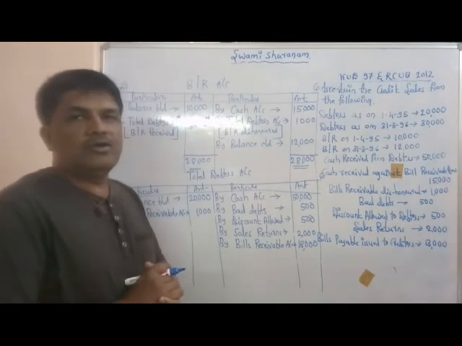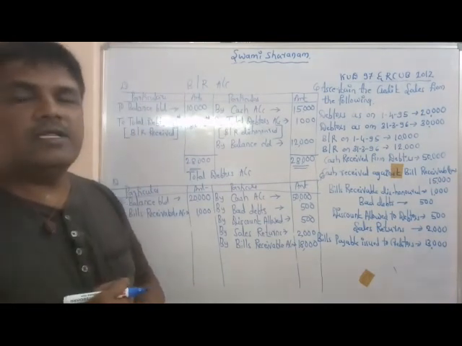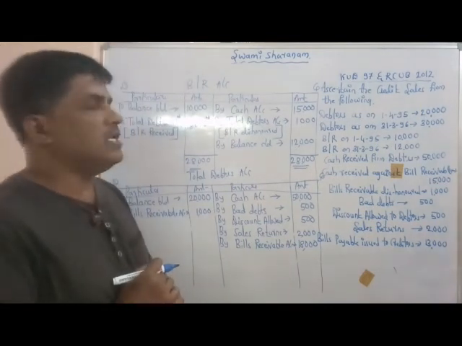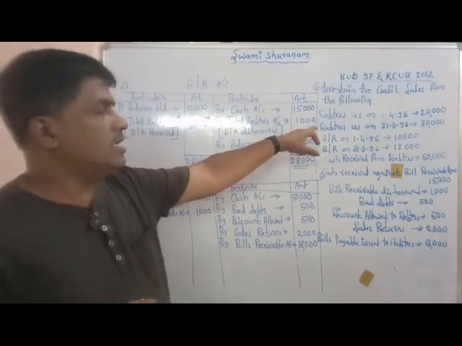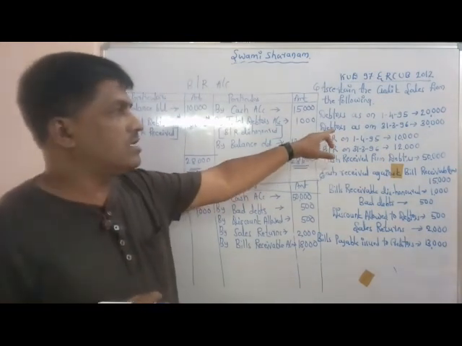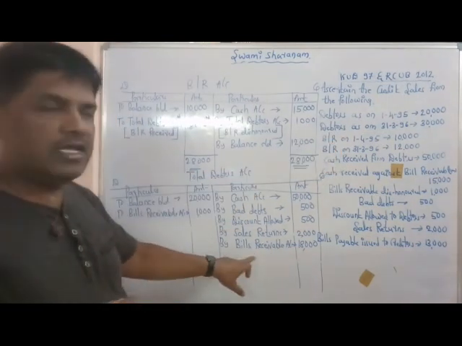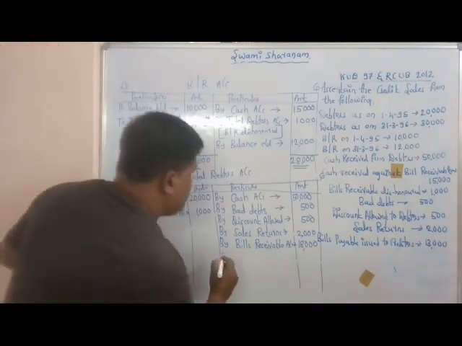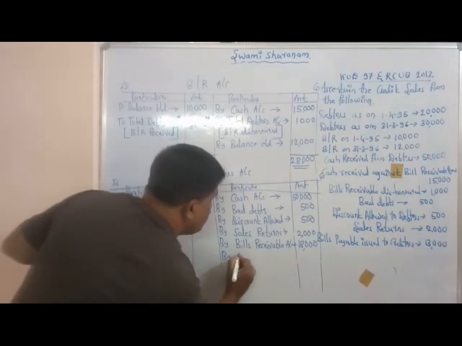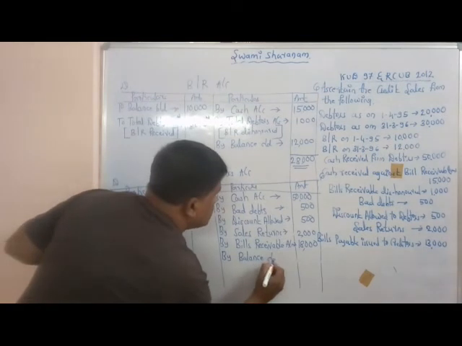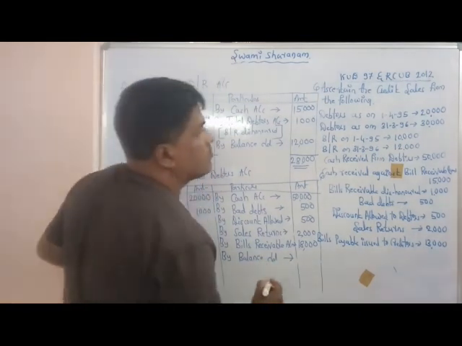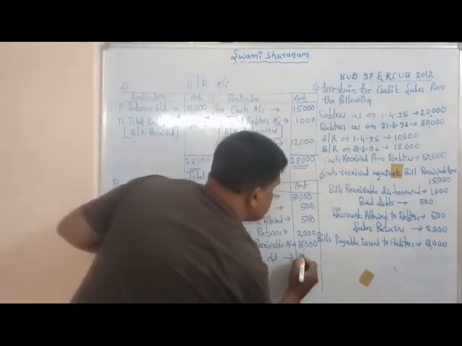Then you go through the other item in the debtors account as per the information given, the closing debtors. How much are the closing debtors on 31st March 1996? It is 30,000. You record it on the credit side of the debtors account. So, by balance carried down, how much is it? 30,000.